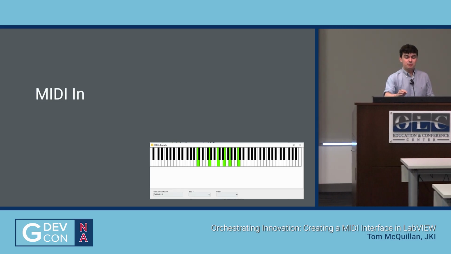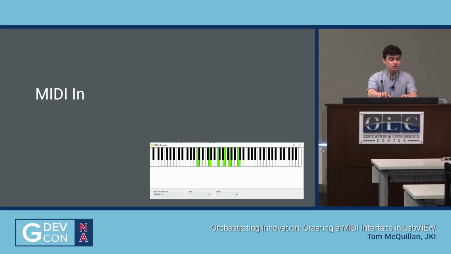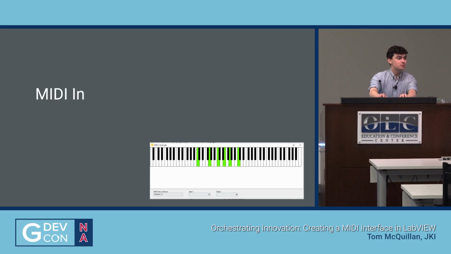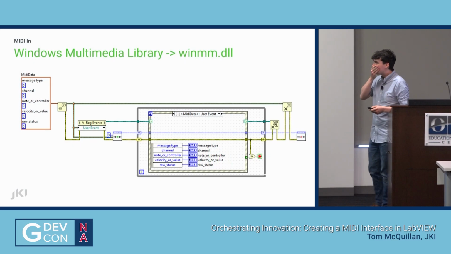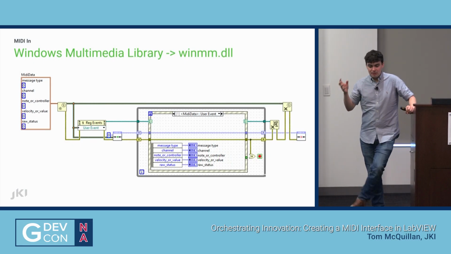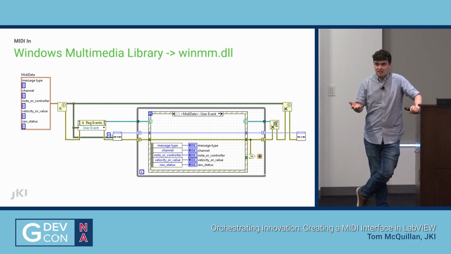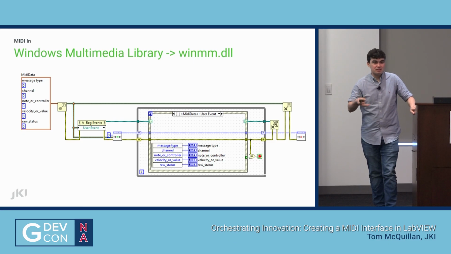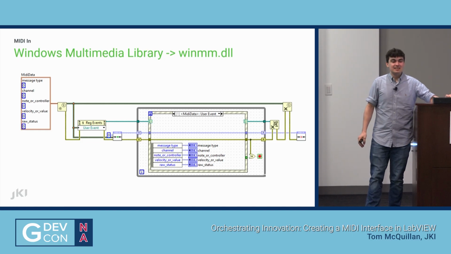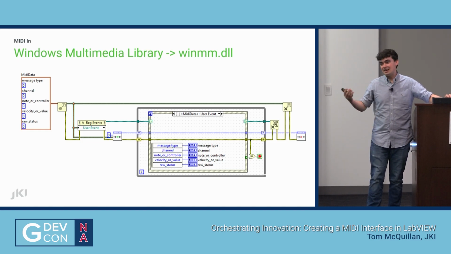But I sort of wanted to be able to play notes on my piano and be able to see that in LabVIEW. And I figured, okay, I need to use a DLL. I can't use VISA. How do I do that? And how do I make it event-driven? Because I could poll a function every 10 milliseconds and just see if a key has been pressed.